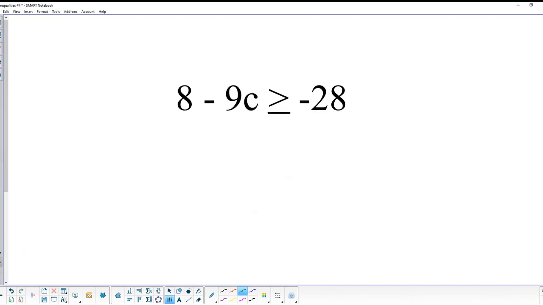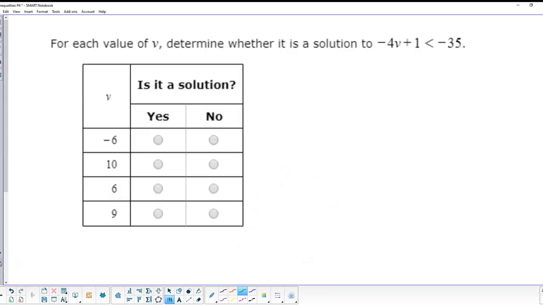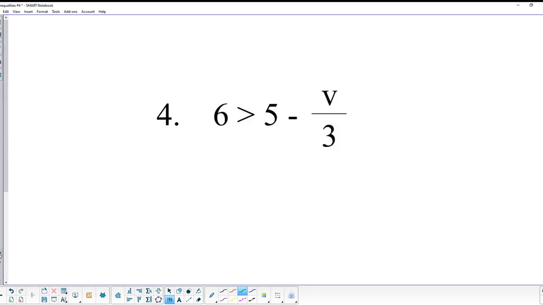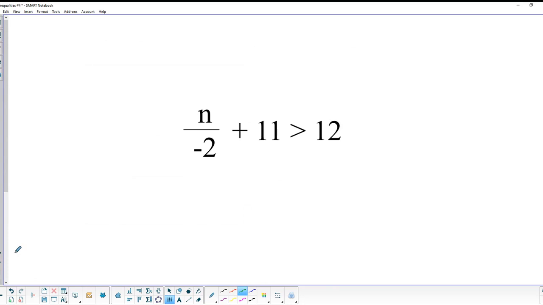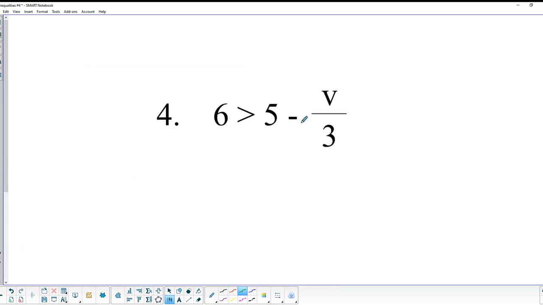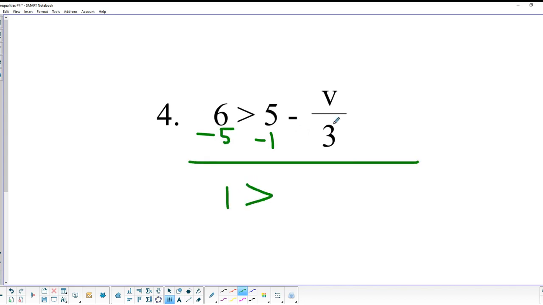All right, let's see, how many more do we got? We've got 3 or 4 more. We'll just try maybe one more of these. All right, let's go to this one right here because it's written a little bit backwards. So here we're going to start by subtracting 5 from both sides. 6 minus 5 is 1. And then on this one we have v, and on the bottom we have negative 3.